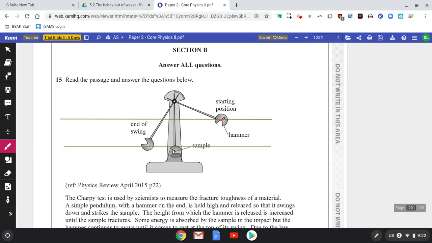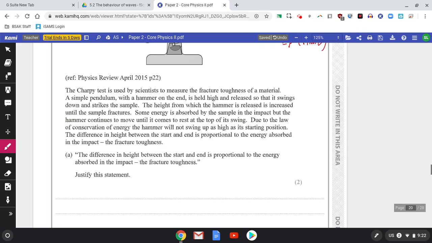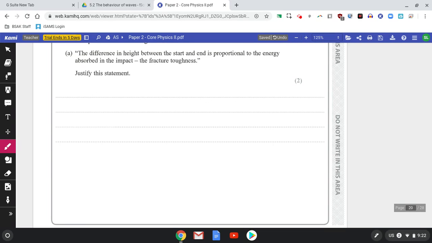So it's this difference in height that we're after here, isn't it? That's going to be proportional to the energy lost on impact, because there's going to be some initial gravitational potential energy and some final GPE at the bottom. So 2 marks here, but I thought it fairly straightforward.